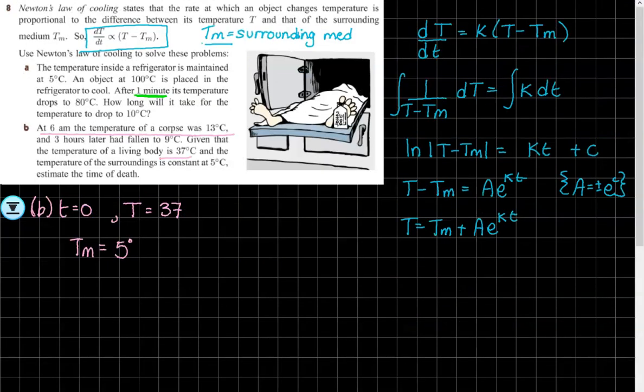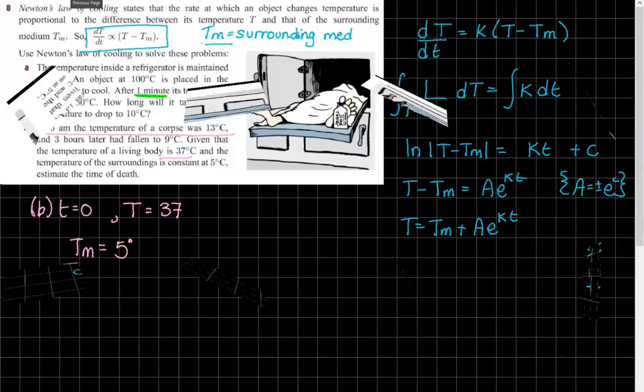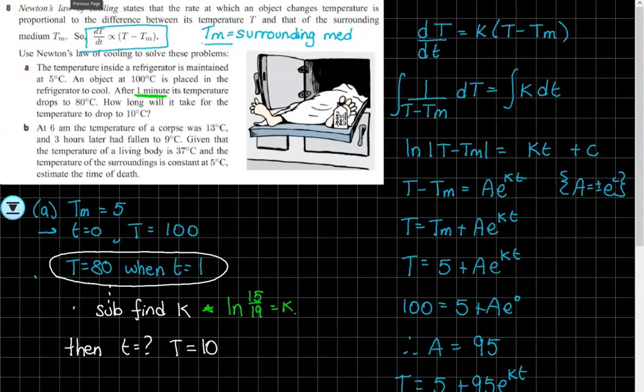At 6 a.m., the temperature of a corpse was 13 degrees, and 3 hours later had fallen to 9 degrees. So a couple of ways you could do that. What did we have for this one? We had, when T equals 1.